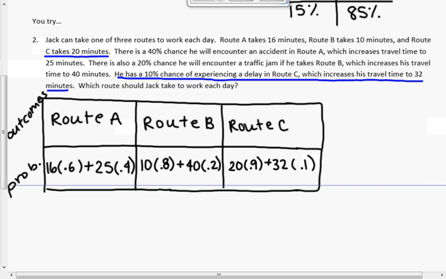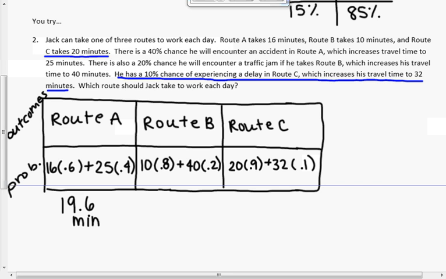We're going to find the expected value for each one of these routes, meaning we're going to find how long we could expect on average to spend on these routes. So if I have 16 times 0.6 plus 25 times 0.4, I get that Route A should take right around 19.6 minutes a day on average, taking into account the percentage of time there are accidents and delays.